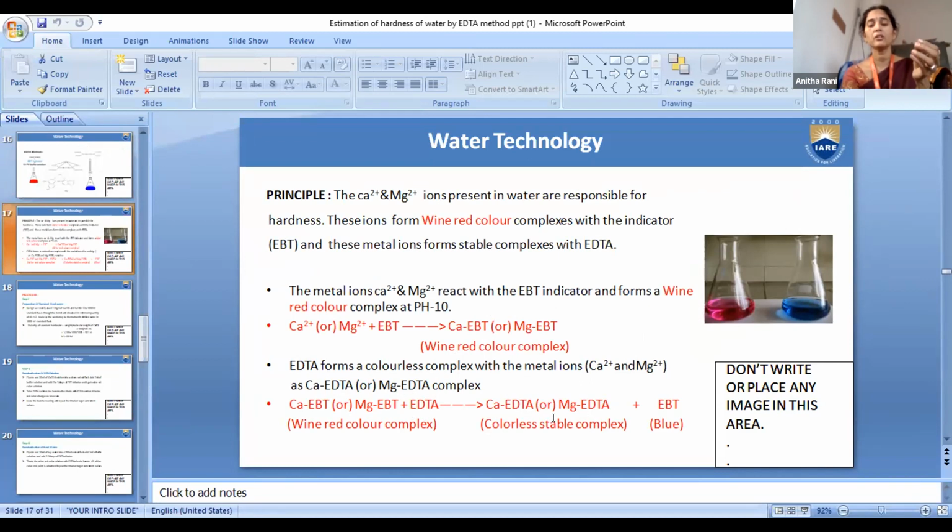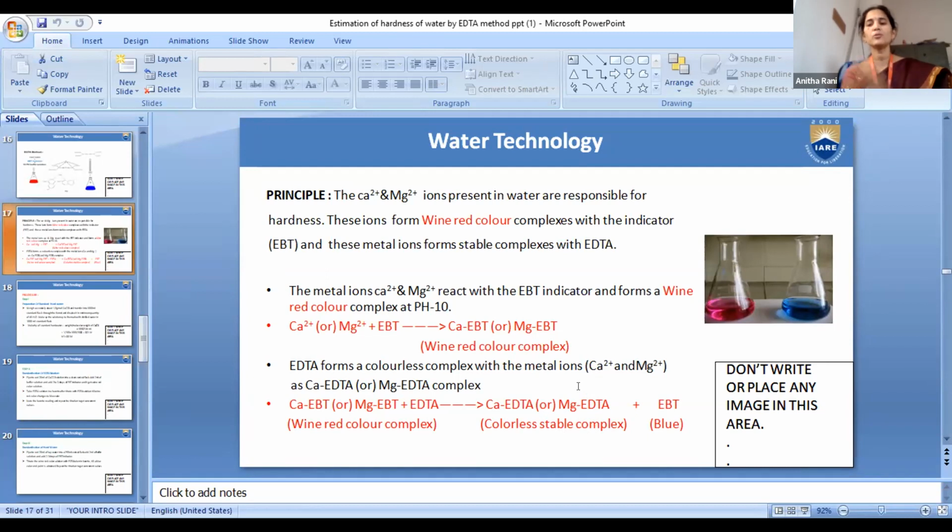Nearer to the end point, the wine red color slowly changes, and at 1 drop of EDTA it suddenly changes completely to blue. That indicates all the calcium and magnesium has reacted with EDTA and formed a colorless stable complex.